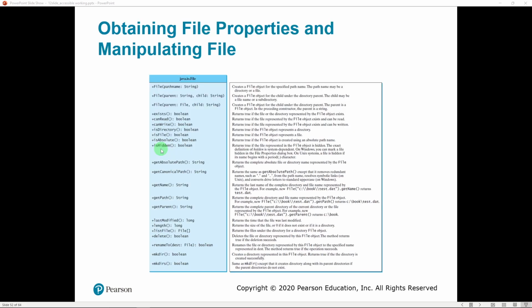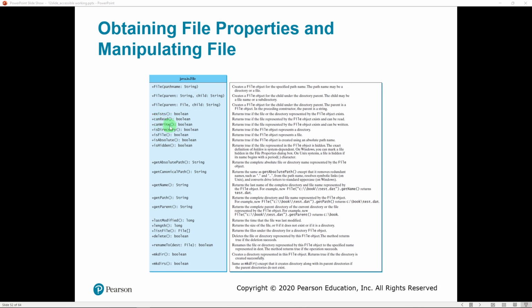Once I create that file object to interface with my actual file on my hard drive or wherever it is on my computer, I have a whole bunch of methods and properties that I can work with to look at things. And this is a list of them here. So for example, the name of the file. exists will tell me if there's actually a file there. Can I read the file?